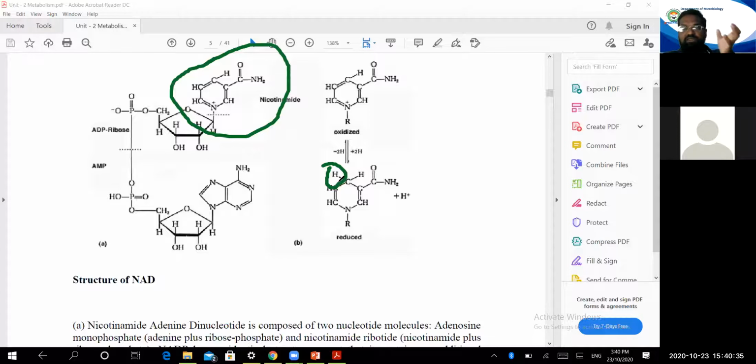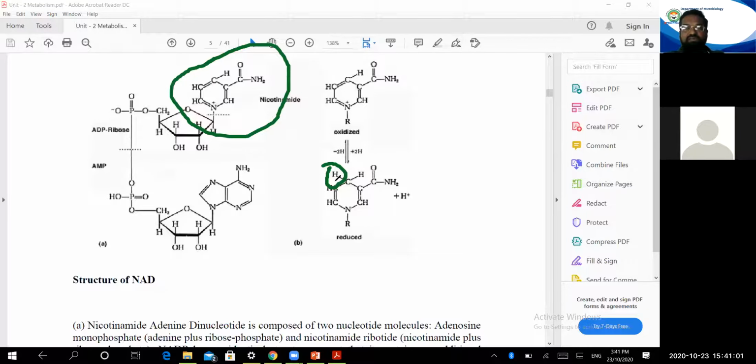And if the organism is a mesophilic organism, what is going to happen? When it is exposed to acidic conditions, it is going to die. Means, during the metabolic reactions, if this hydrogen is left free in the cytoplasm of the cell, it will become poisonous, it will become toxic, it will become detrimental for the survival of the cell, and the cell will die. So this cannot be allowed.